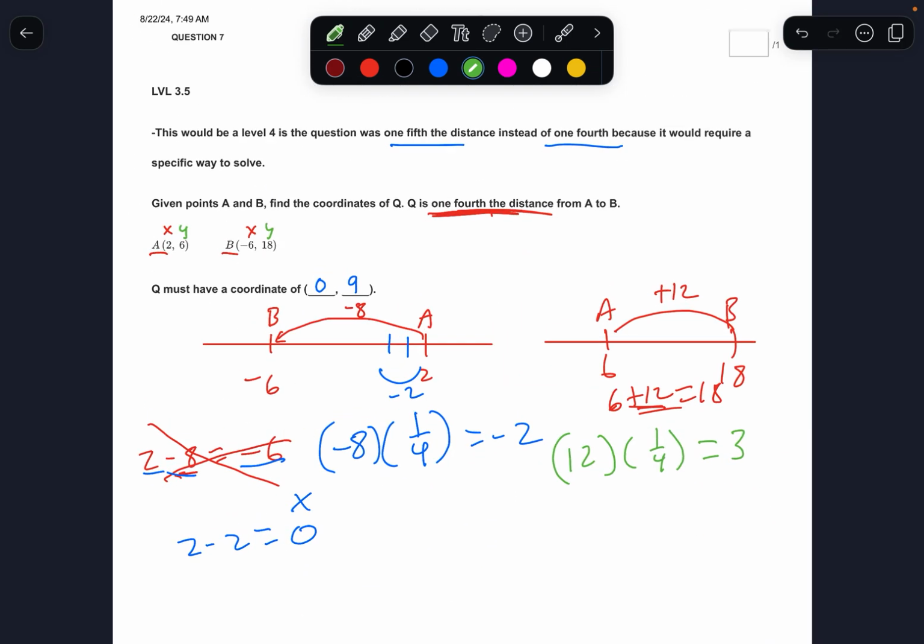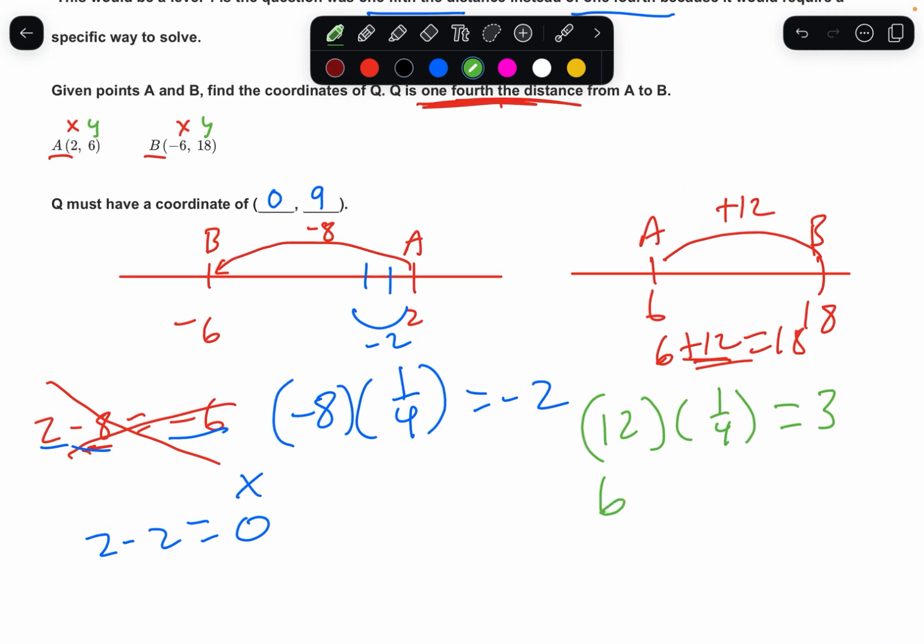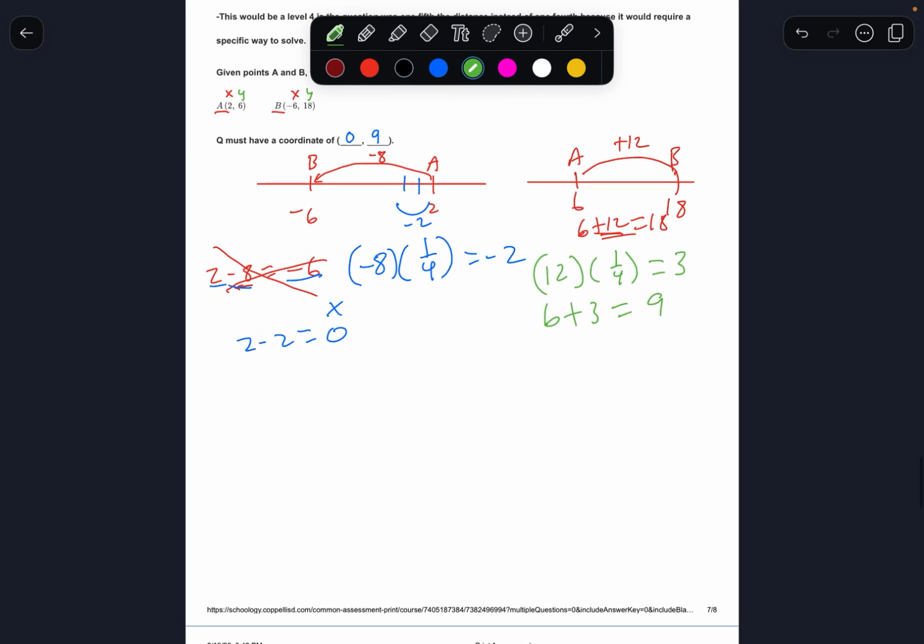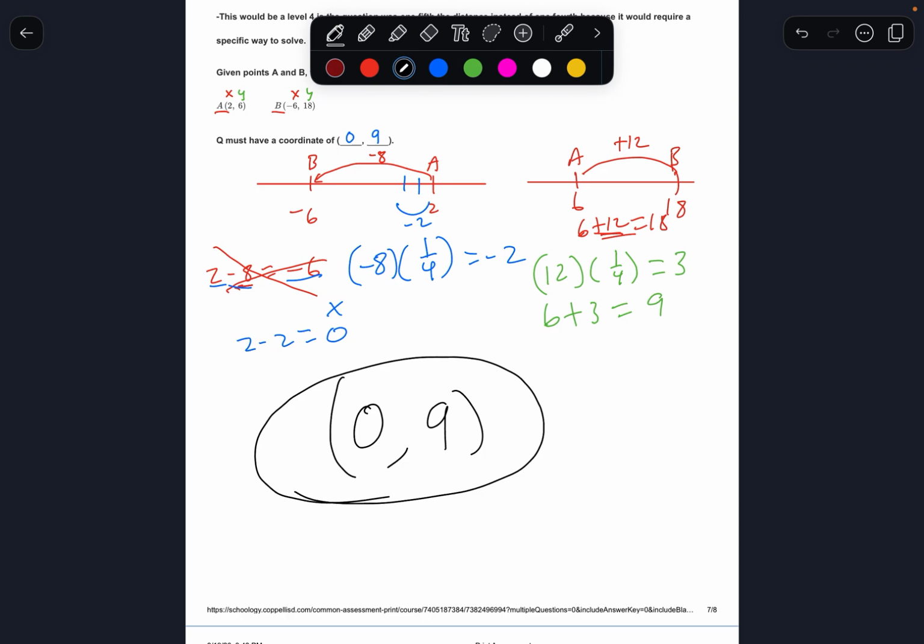We are starting at 6, and we need to move 1/4 of that distance, and we would land at 9. So 9 would be 1/4 of the way. So the final answer: the x-coordinate is 0 and the y-coordinate is 9. That is a hard question, hard to conceptualize, hard to execute.